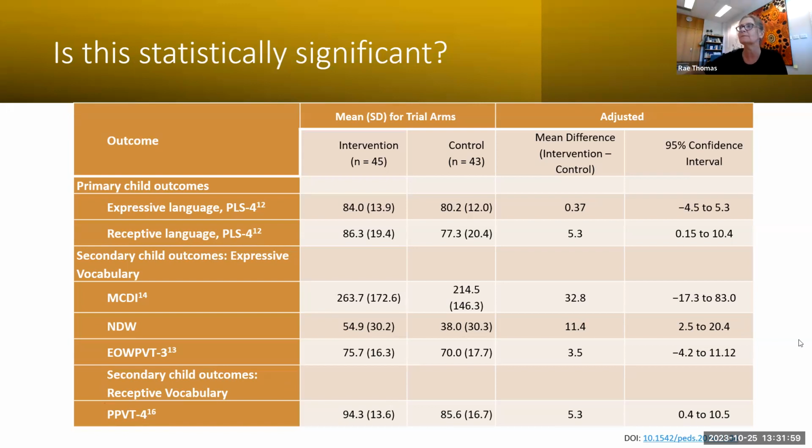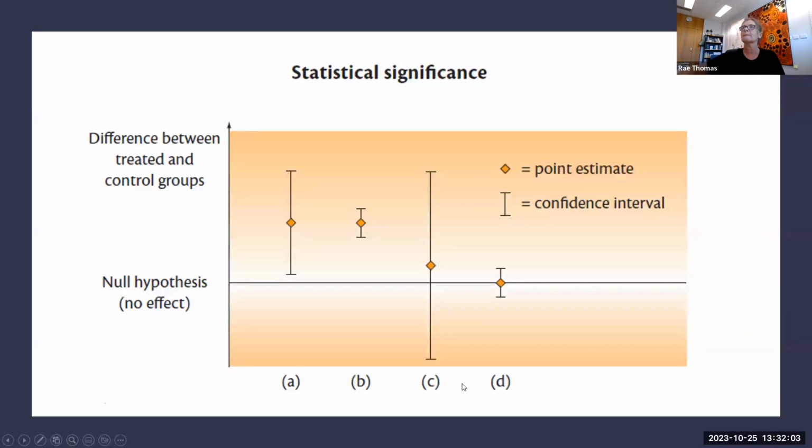All right, now let's show you in pictures. Same deal. The horizontal line that's labeled null hypothesis, no effect, is in fact our line. In this picture, it can be either 0 or 1. Take your pick.